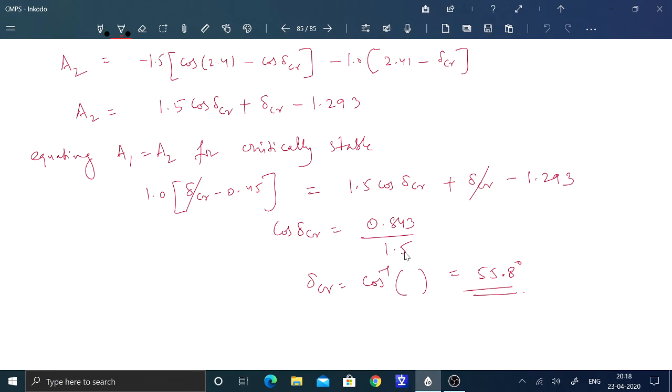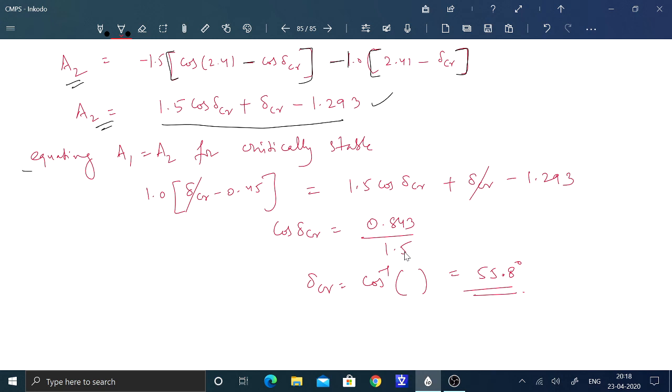So writing area 2 is equal to 1.5 times cos delta CR minus cos 2.41, minus 1 into 2.41 minus delta CR. This is area 2. Simplifying this, you get 1.5 cos delta CR plus delta CR minus 1.293.